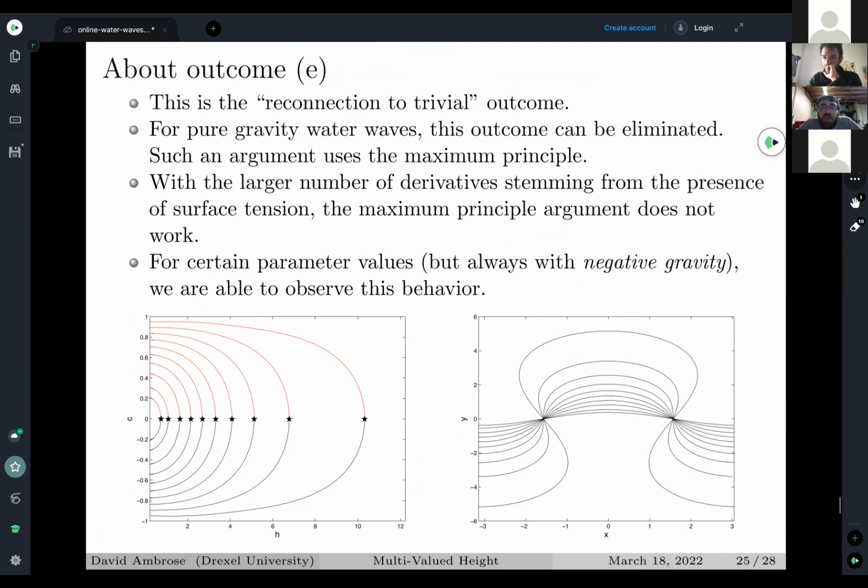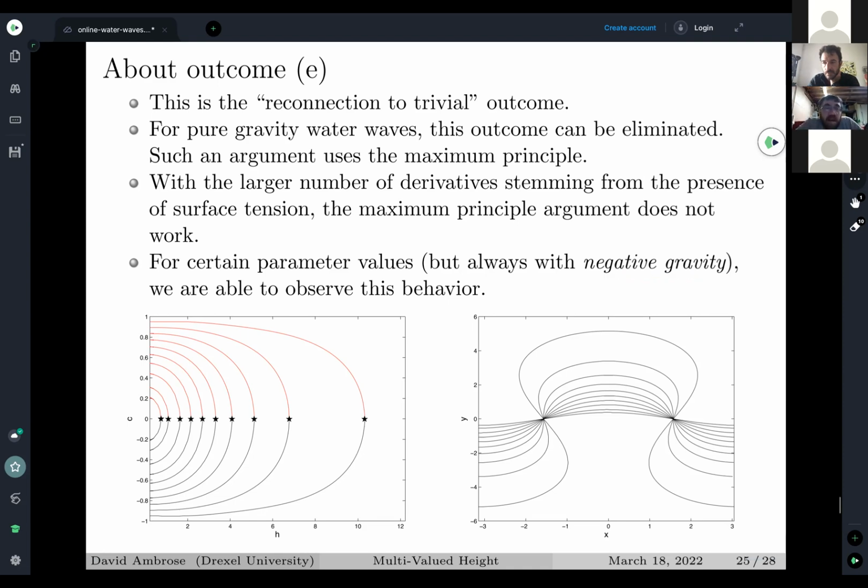With surface tension, you don't have that maximum principle argument, so it hasn't been clear if you've been able to rule this out. And we say you can't rule it out because we can observe this. Now, we only observe it numerically, but we think this is pretty strong evidence that this outcome actually happens with surface tension. The one quirk of it is we only see it happening with negative gravity.